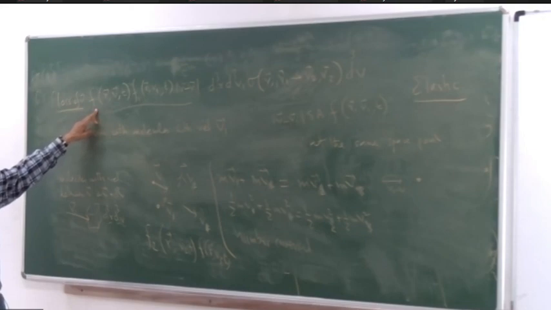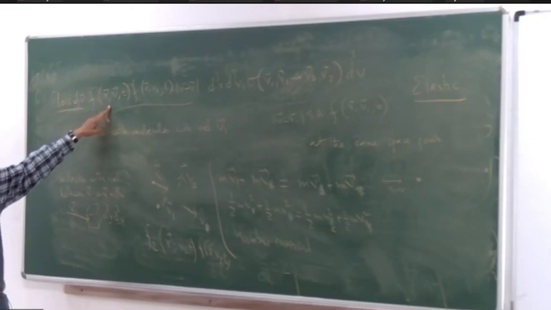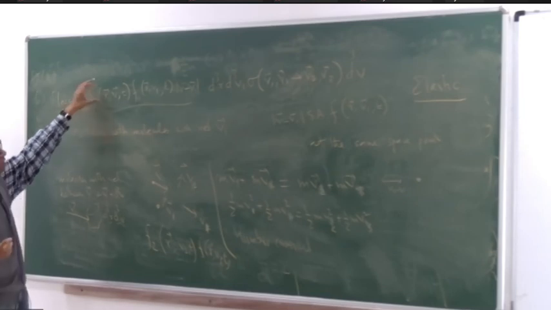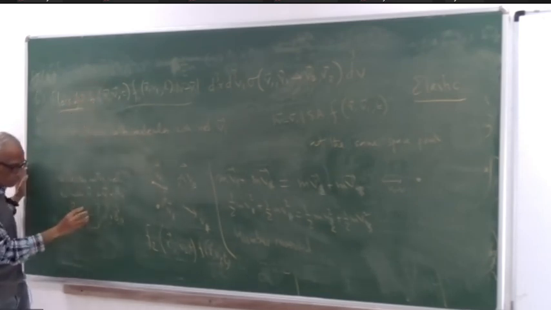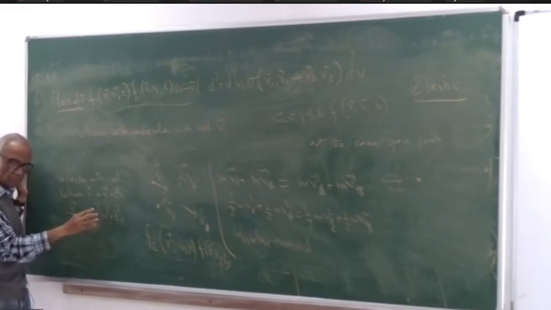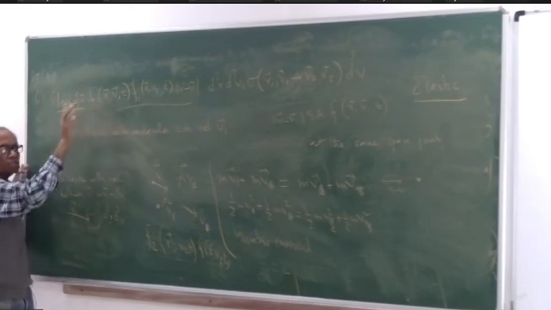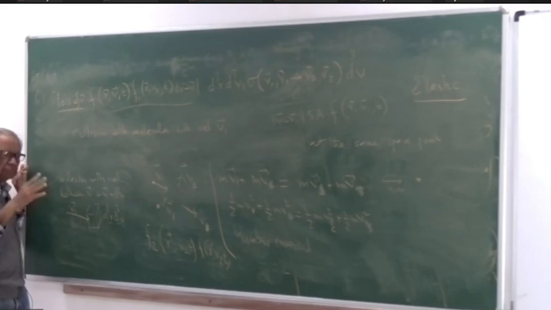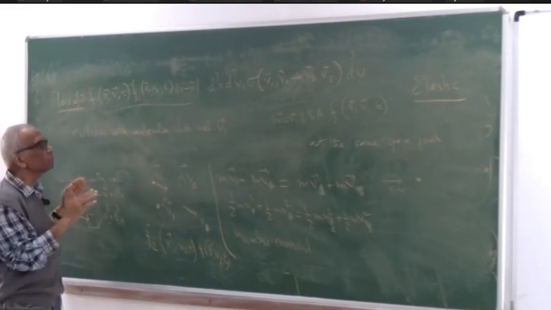That is the number. So f is the density of particles, and f into d3r into d3v is the number of particles in this volume having position r and velocity v.